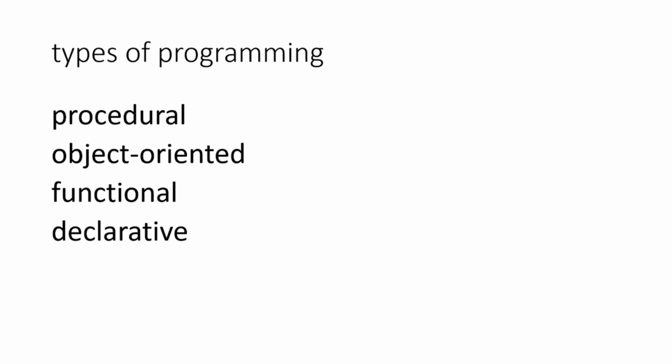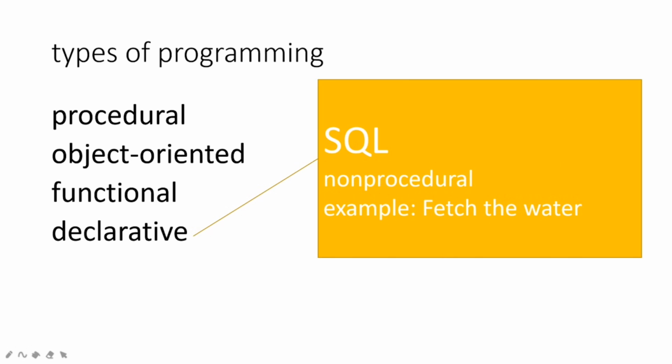Functional uses languages like Haskell, Erlang, and the declarative, which is actually called non-procedural, uses SQL. So, ideally, a program specifies what is to be done rather than how to do it.